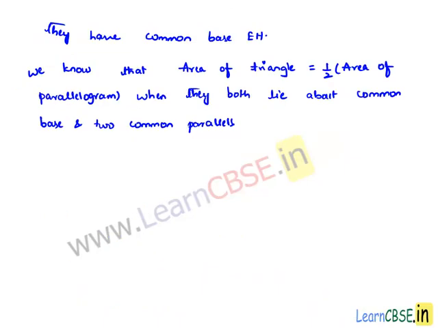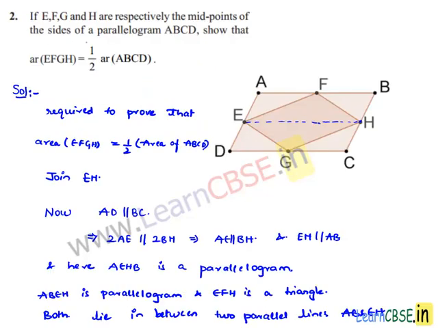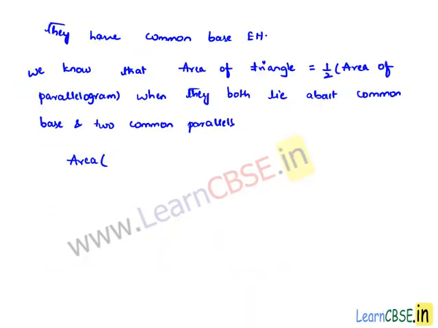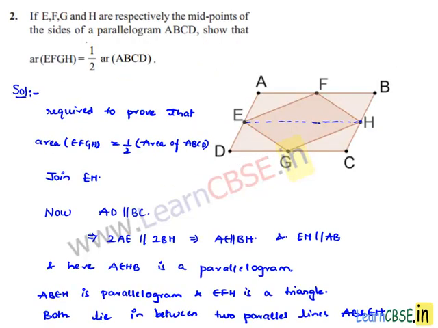Therefore we can say area of triangle EFH is equal to half times area of parallelogram AEHB.